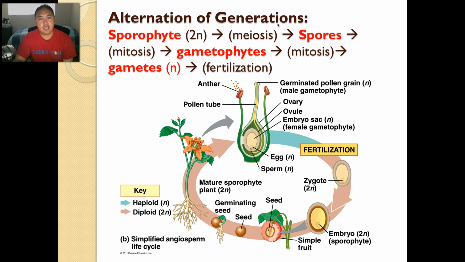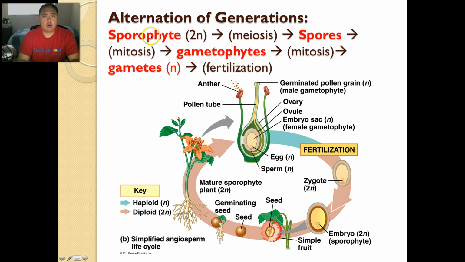We always have mom and dad. We have sperm and egg, which only have half, but those aren't living creatures. You don't see a sperm or an egg just walking along. They're only used as sex cells. But for plants, they actually alternate generations, meaning when they reproduce, the sperm and egg are actual plants, living organisms. And then when they reproduce, they do mitosis, and back and forth. That's what's called alternation of generations.